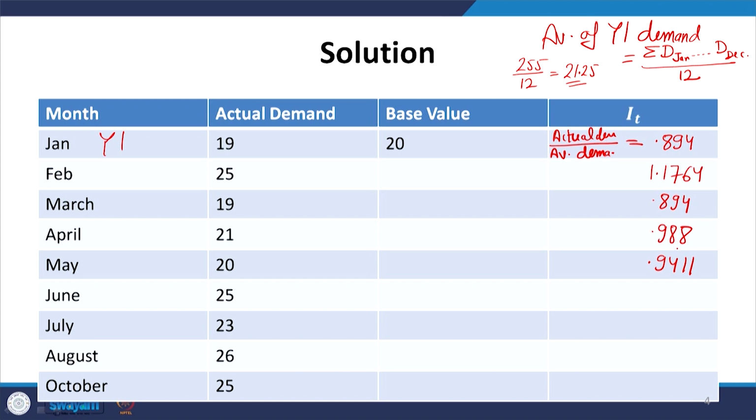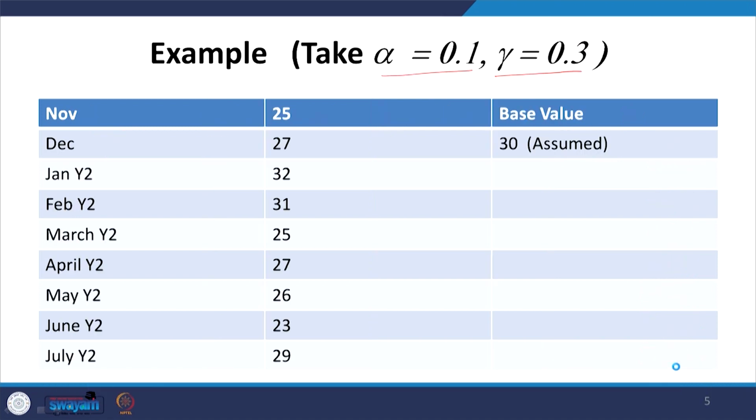Let me just complete it for your reference quickly. 1.176, then 23 divided by 21.25 is 1.08, 26 divided by 21.25 is 1.22, 25 divided by 21.25 is 1.17, then 25 divided by 21.25 is 1.17, and then 27 divided by 21.25 is 1.27.